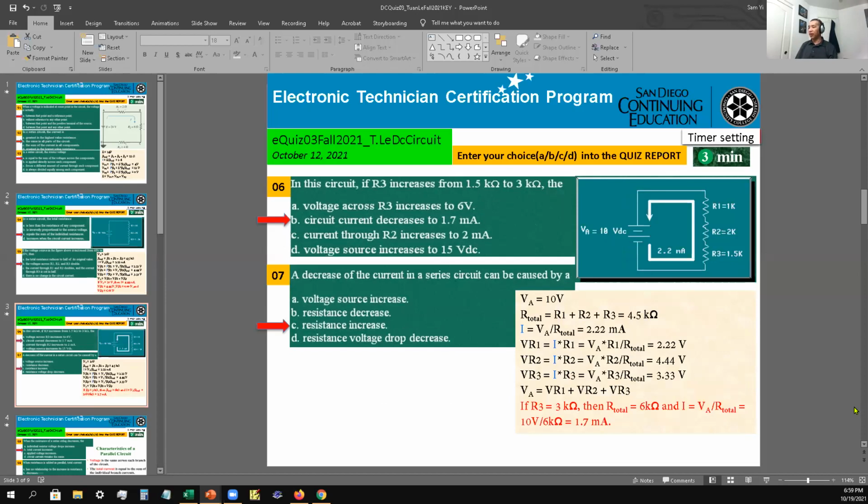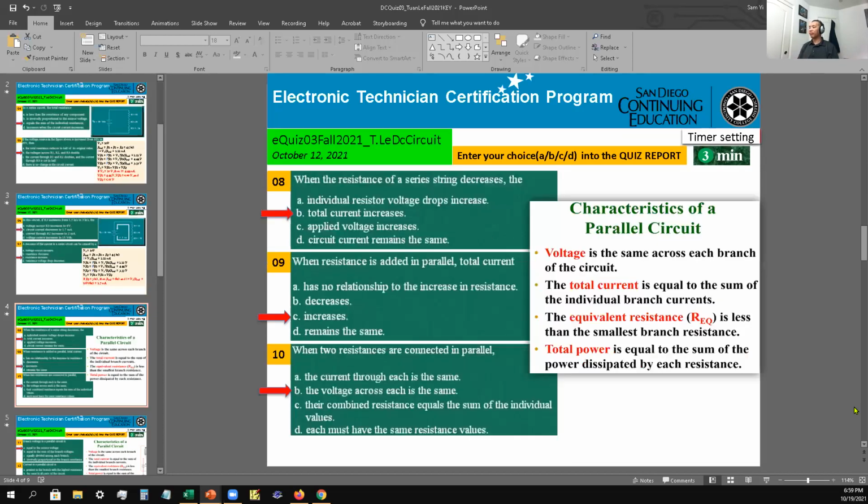Okay, number 6, the answer is B as in Bob. Number 7 is C as in cat. Any question on number 6 or 7? No. Next set. Number 8, the answer is B as in Bob.